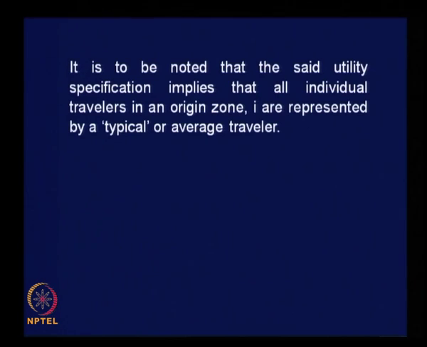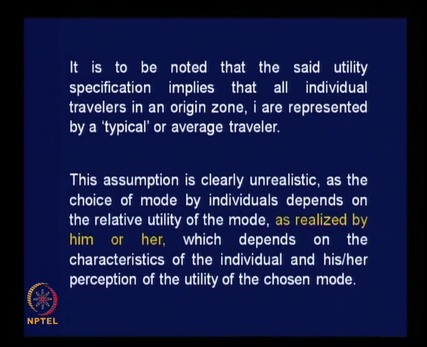Let us see how to go about doing this. This assumption is clearly unrealistic, as the choice of mode by individuals depends on the relative utility of the mode as realized by him or her, which depends on the characteristics of the individual and his or her perception of the utility of the chosen mode.